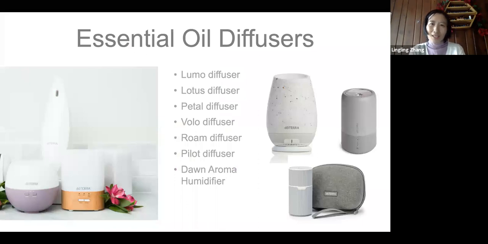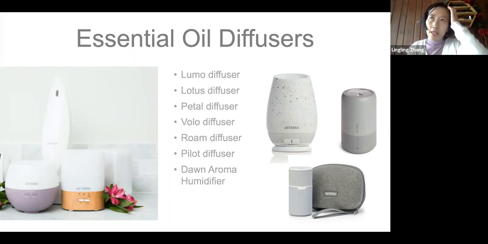Now, when we use the oils aromatically, there are different ways to use them. The first, common way is using a diffuser, an essential oil diffuser. You have to use an essential oil diffuser, okay?